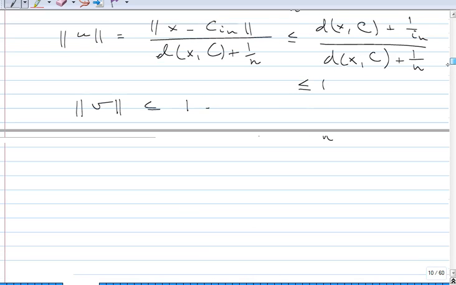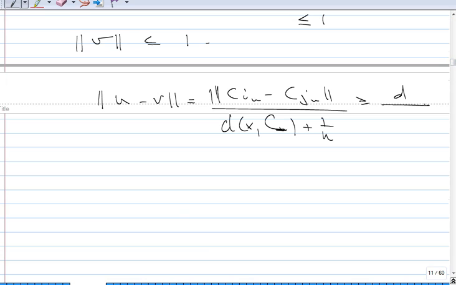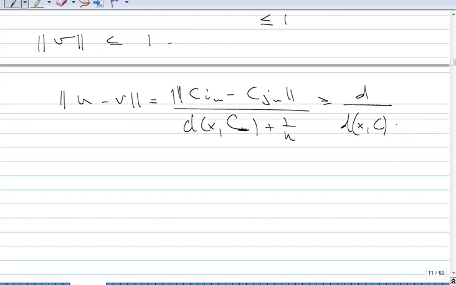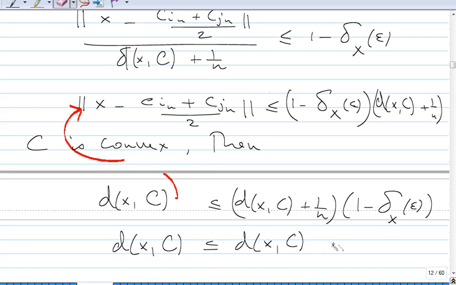So this will give me d over d(x,C) plus 1 over n, but plus 1 over n is greater than 1. Okay? So this tells me that the norm is greater than 1 minus delta of epsilon. Okay, so since we are uniformly convex, so you get d(x,C) is less than d(x,C).